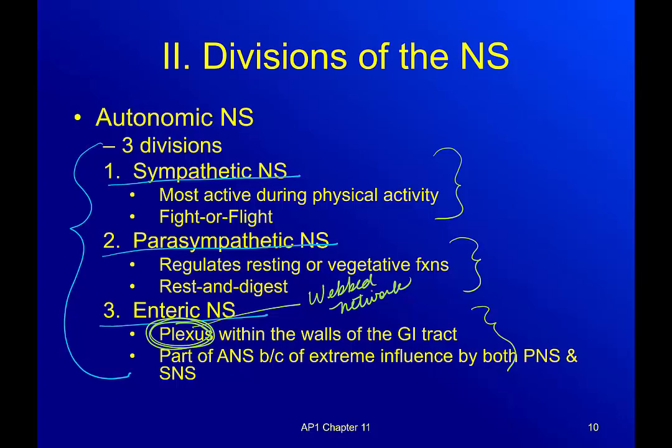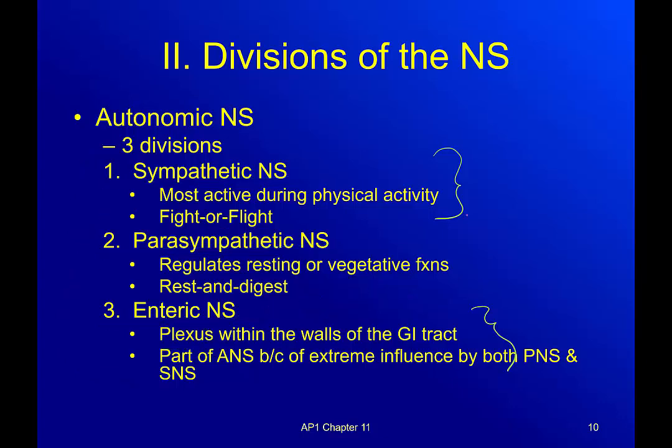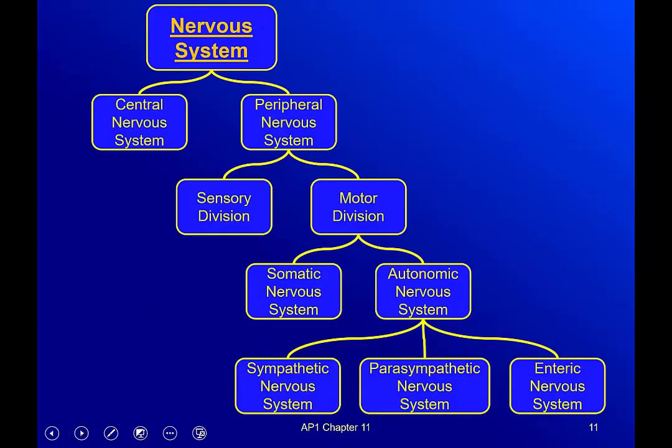It's part of the ANS because there is extreme influence on the enteric nervous system by both the parasympathetic and the sympathetic nervous systems. So what I just drew out in that previous slide is basically the concept map of those divisions. The difference is that I actually input what each thing did, okay?